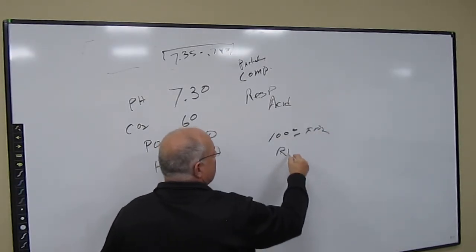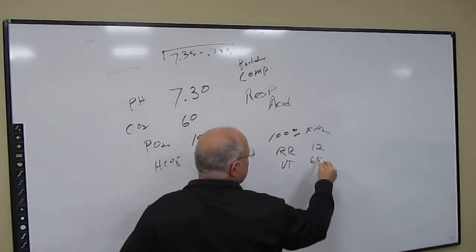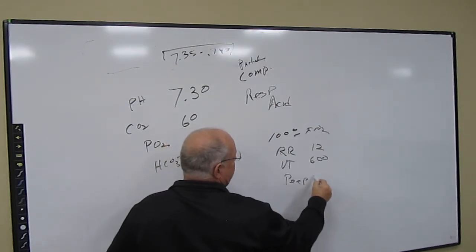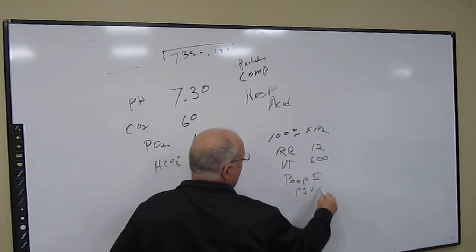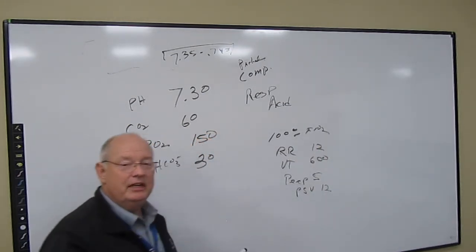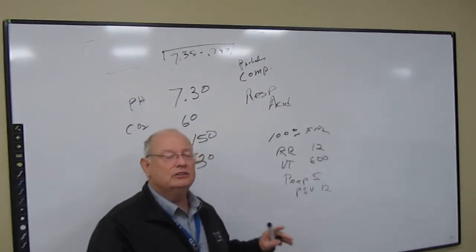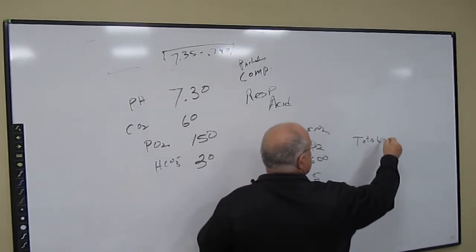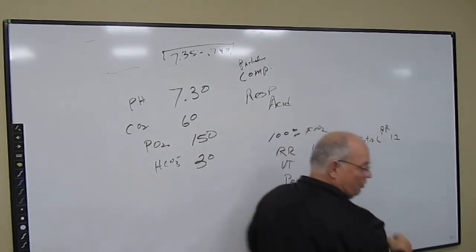FiO2. He's on a respiratory rate of 12. He's on a tidal volume of 600 and a PEEP of 5. And let's put him with a little bit of pressure support of 12. But we are on SIMV and pressure support, and the patient is fully sedated right now. So his total respirations are 12.